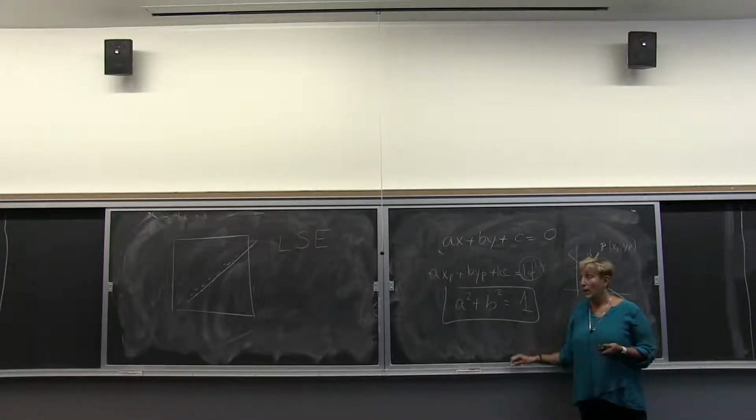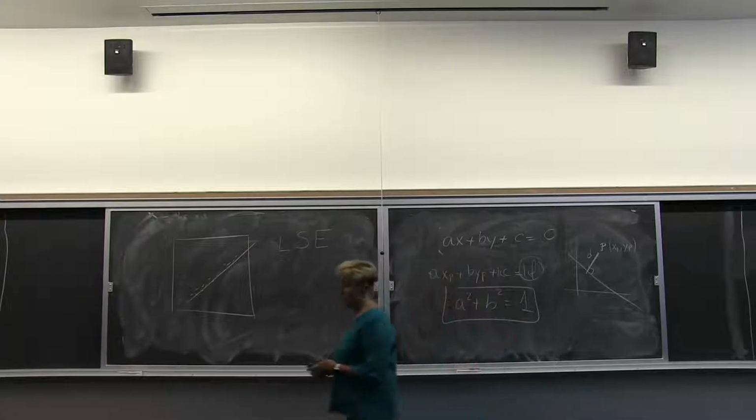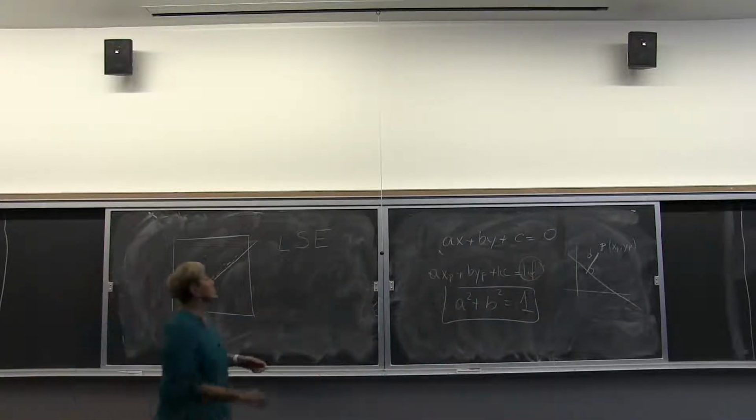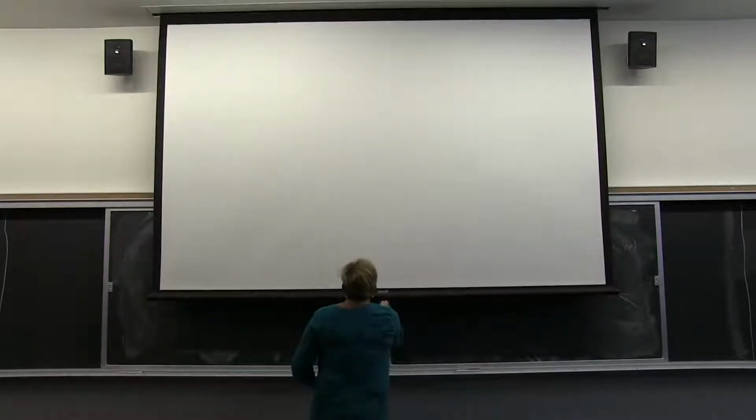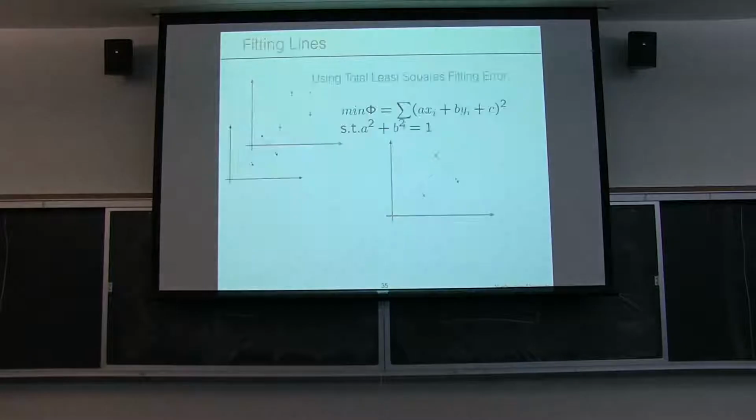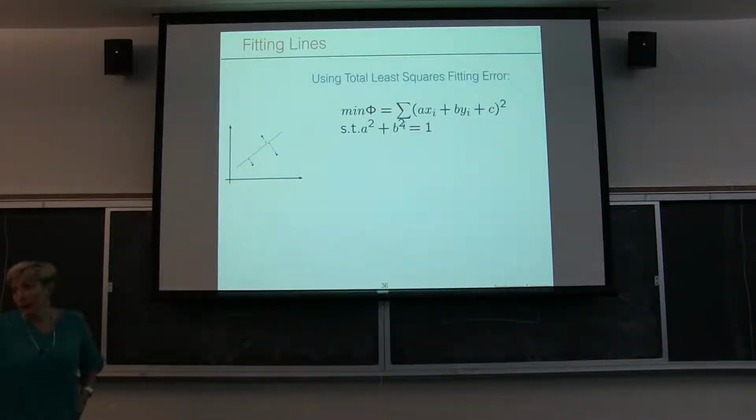Okay? So now I can write my optimization cost. I want to minimize the sum of these squared distances, right?